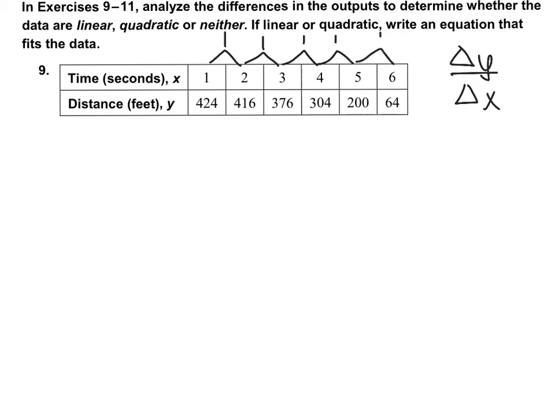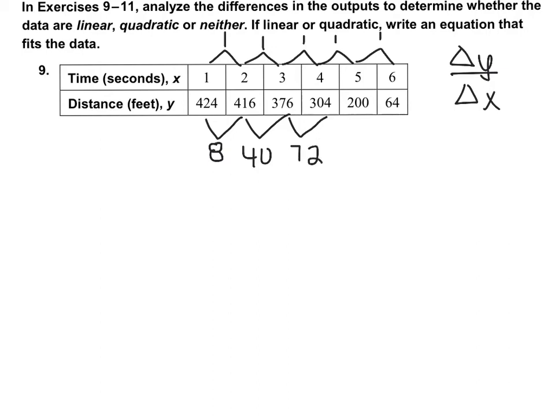Okay? But now when we go from 424 to 416, that's going to be 8. When we go from 416 to 376, that's 40. When we go from 376 to 304, that's 72.